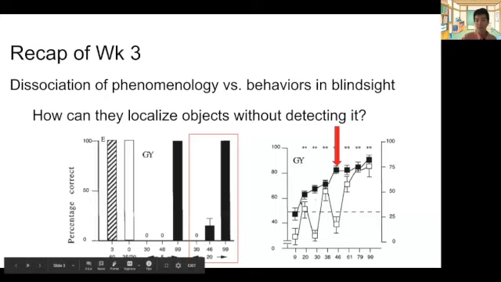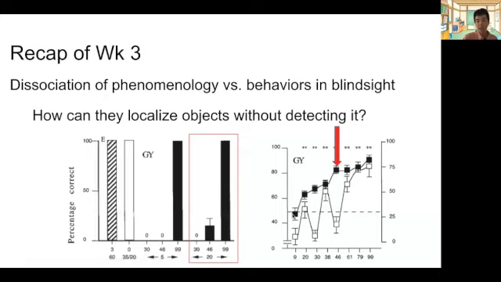Okay? And then the right side figure shows the report of seeing something, that is the white square, with some kind of fluctuation. And the black is the key here. It's the accuracy of the localization judgment. So here, the test was to present two possible locations for the target, and the blindsight patients were asked to locate which box contained the target.